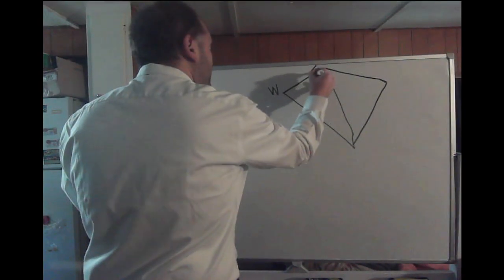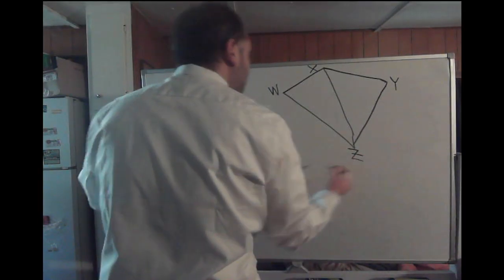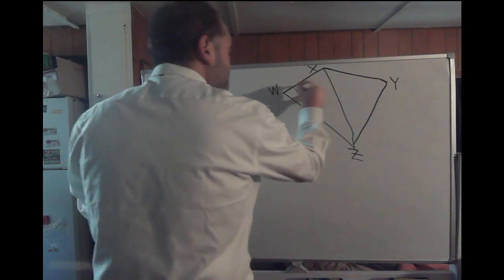W, X, Y, Z. What else do we have here? We got for sure that these are both right triangles.